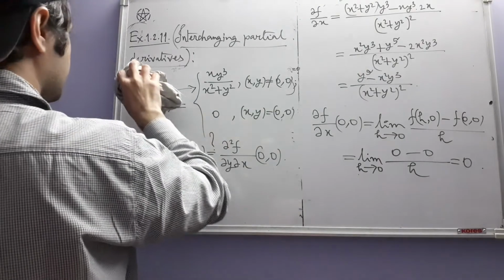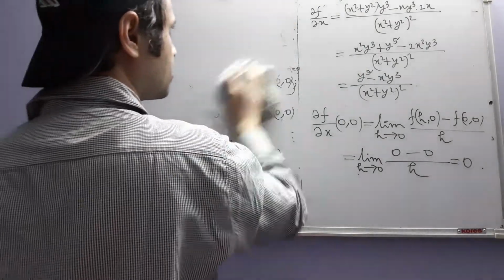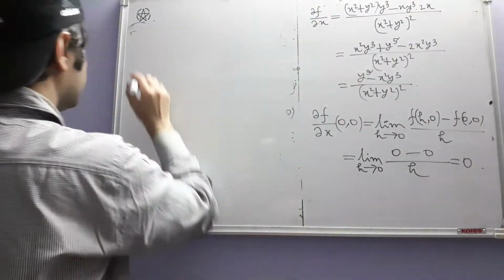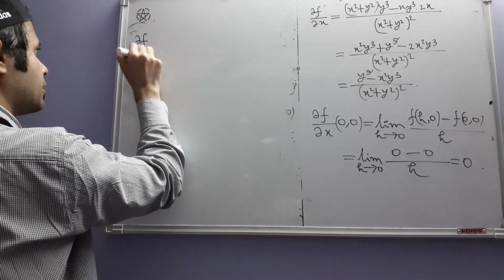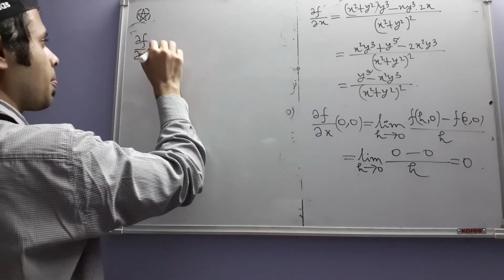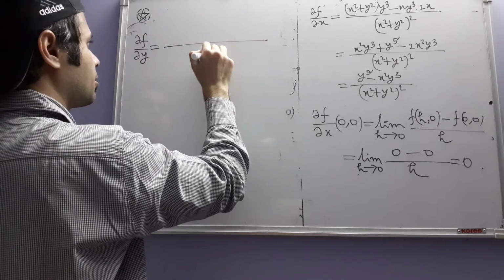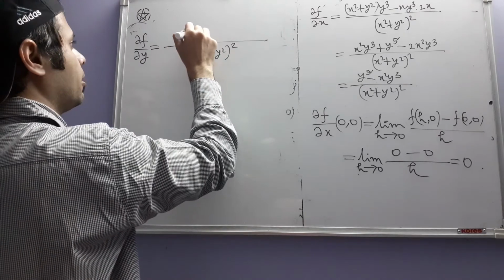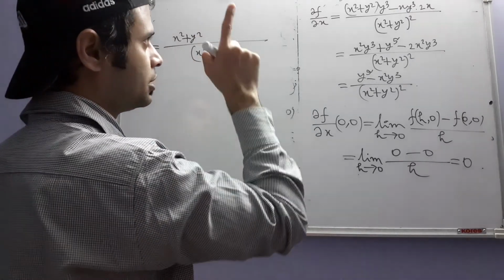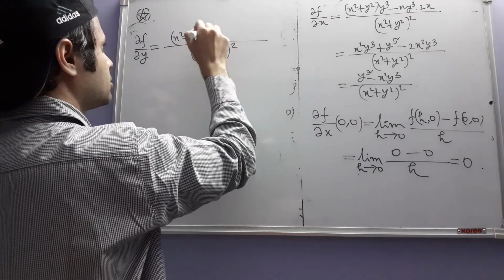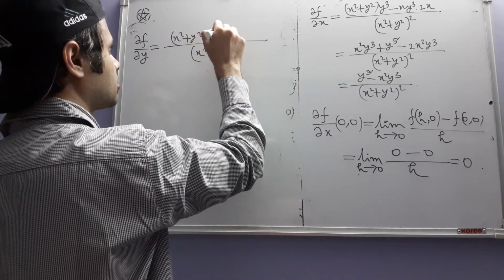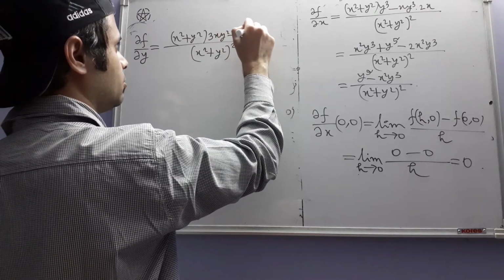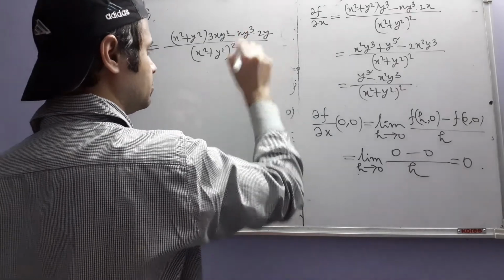Similarly, we calculate with respect to y. At first, at a non-zero point, so this will be (x² + y²)², x² + y². We have xy³, so that means 3xy² minus xy³ times 2y.